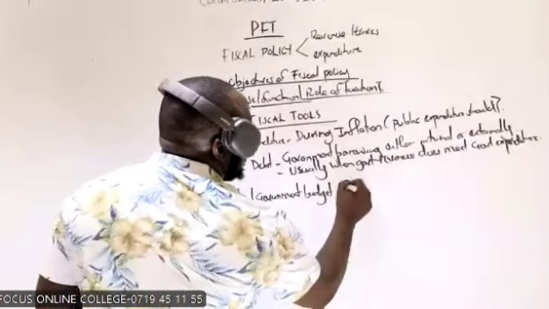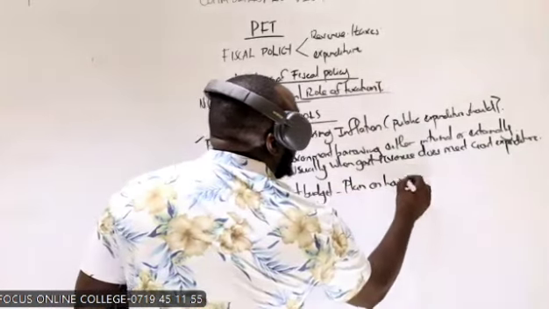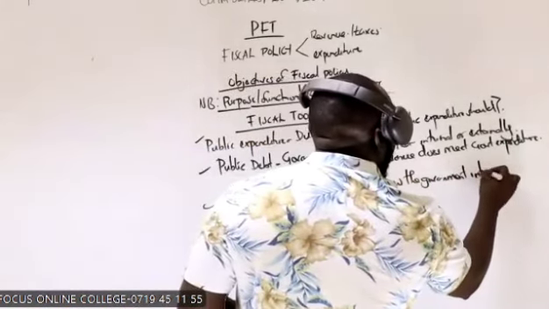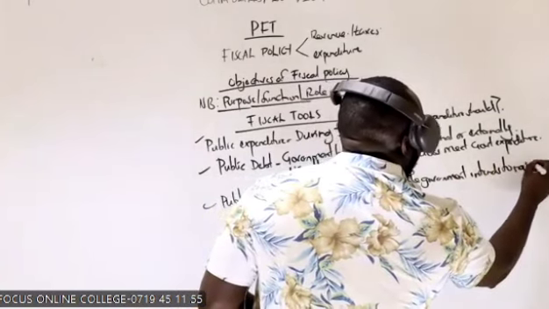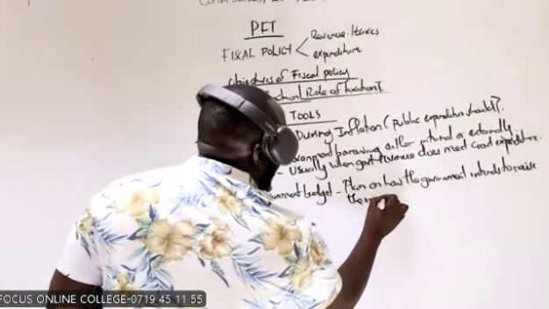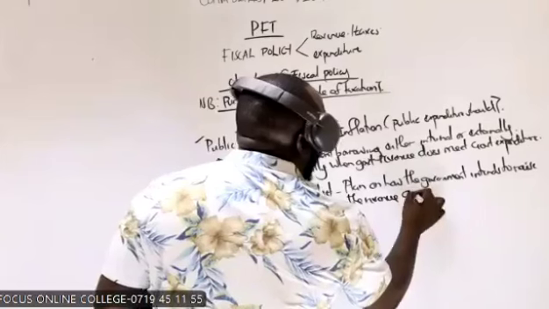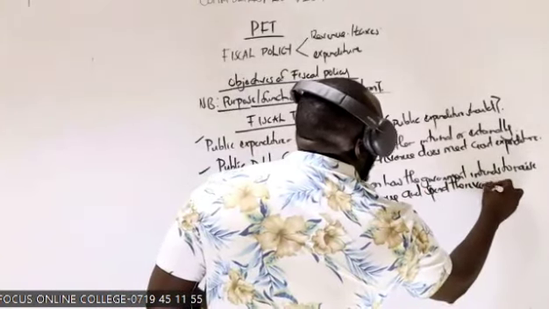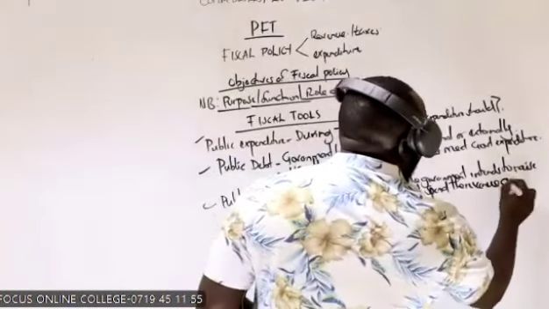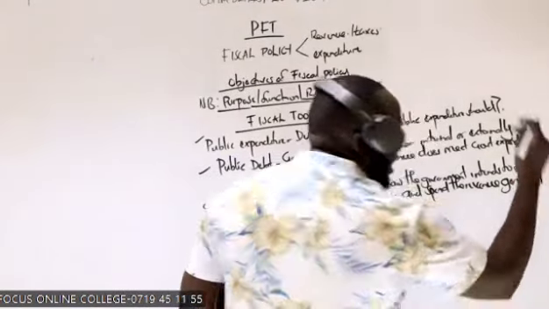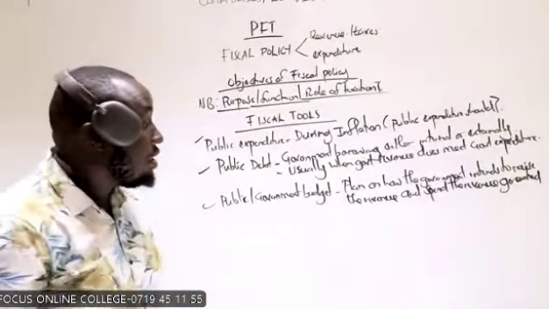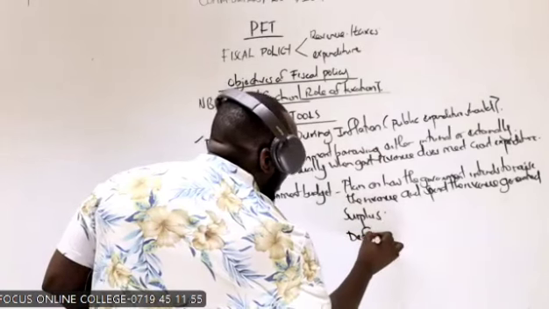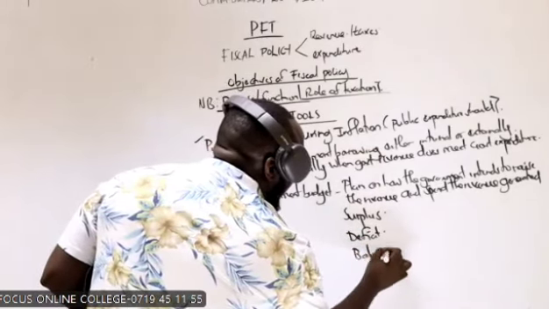This is basically a plan on how the government intends to raise revenue and spend the revenue generated. In terms of this, we have basically three types of budget. We have a surplus, a deficit, and a balanced budget.